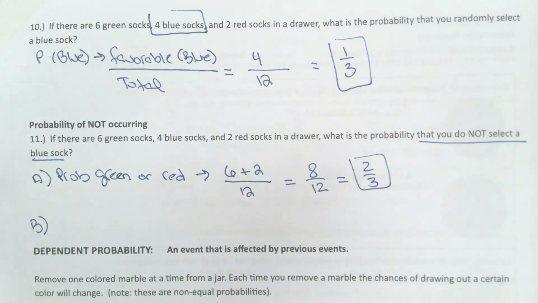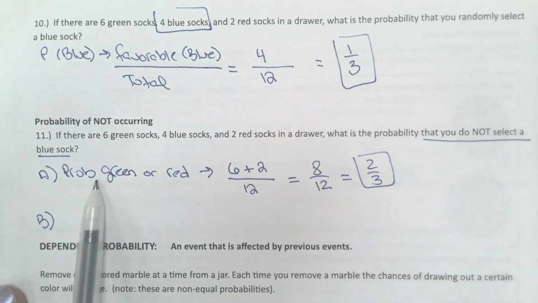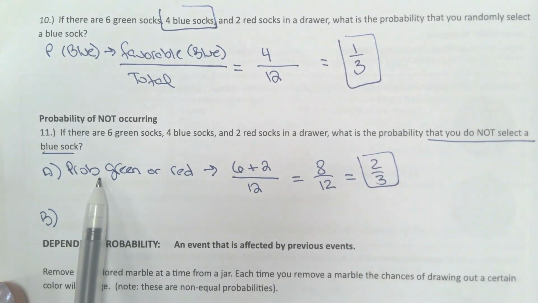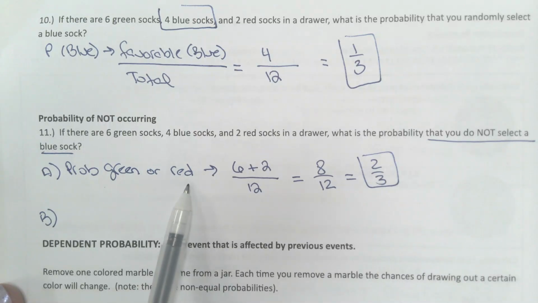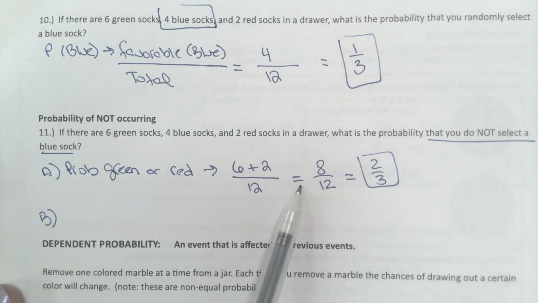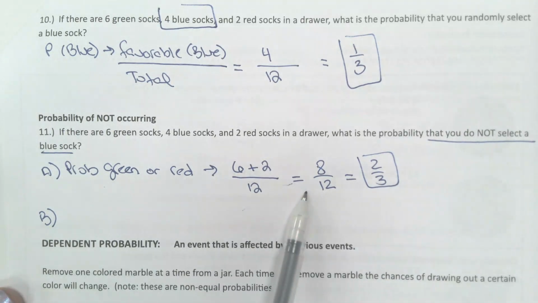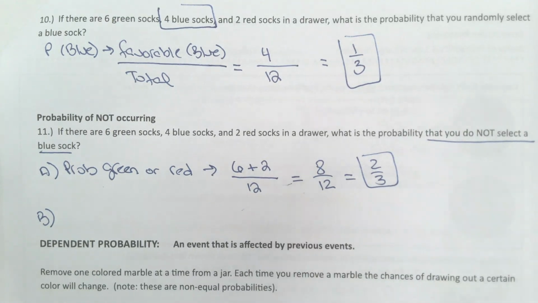All right, so the one way that occurred to them was figuring up how many red and green. So what's the other option so that you don't draw a blue sock? There were a total of 8 red and green, and there are still 12 socks in the drawer, and that reduced down to 2/3.